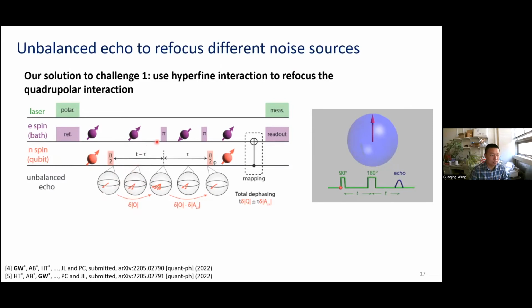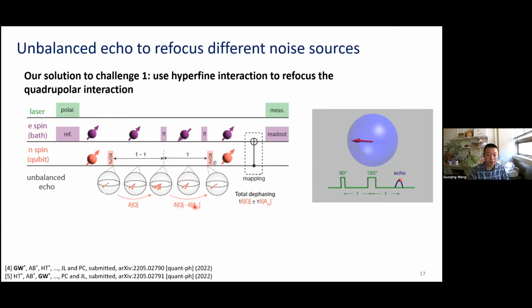What we do is apply a spin-flip pi pulse to the electronic spin to flip the electronic spin to another state. In the second part of the evolution, we have an additional hyperfine evolution A_zz term and also its variation delta A_zz.